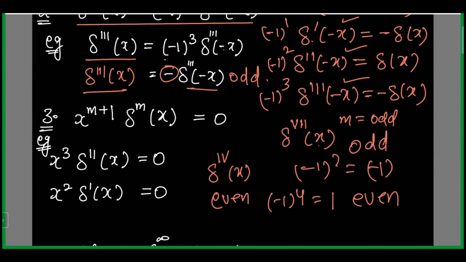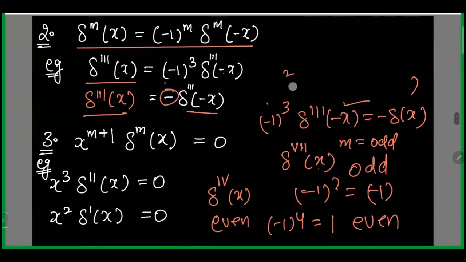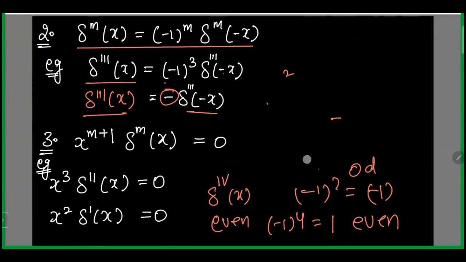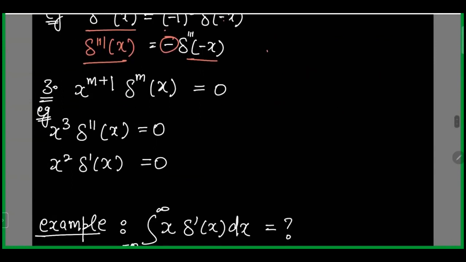So whatever is the value at 3, the same value is at minus 3. Okay, so this is the meaning of even and odd. So let's move to next part. This was the property number 2. This tells us which of the derivatives is odd and which of the derivatives is even. Okay, the third property.